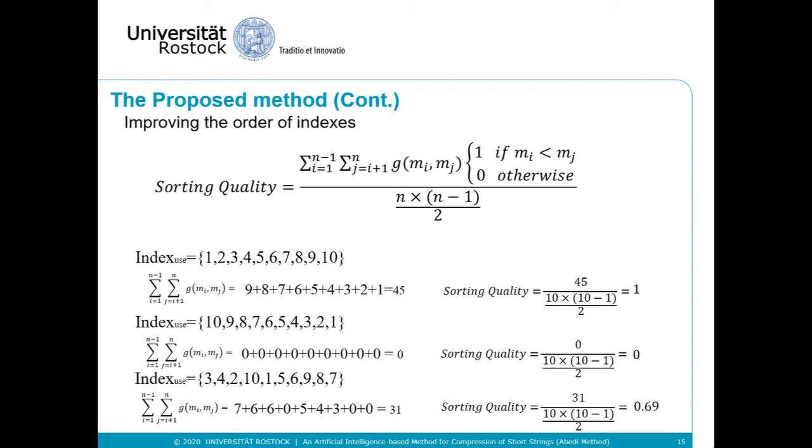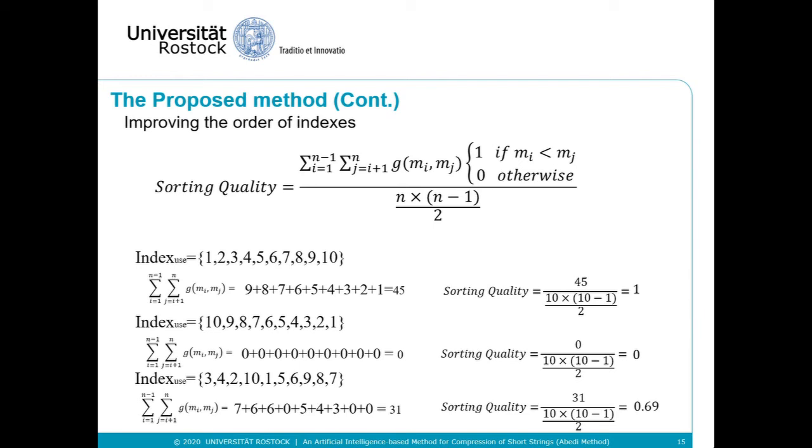As we see, in the second example, the table has the best order, and in the first one, it has the worst. In this example, the sorting quality formula is calculated in this way. The denominator is always equal to 45 because n is equal to 10 in this example. And the numerator is calculated in this way.